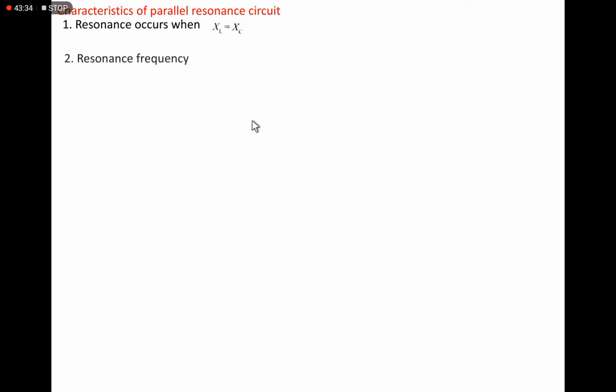Some characteristics of this parallel resonance circuit: resonance occurs when capacitive reactance and inductive reactance become equal. The resonance frequency is Fr equal to 1 by 2 pi root LC. Pi must be over here: 2 pi Fr is equal to 1 by root LC.